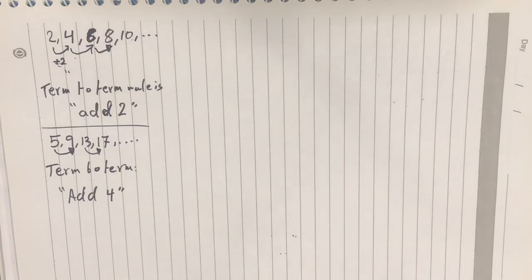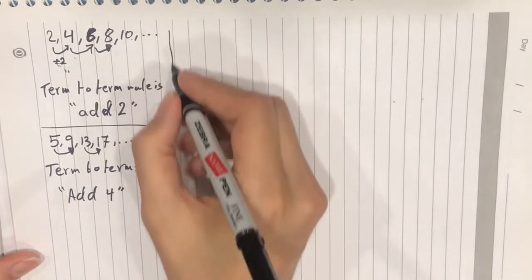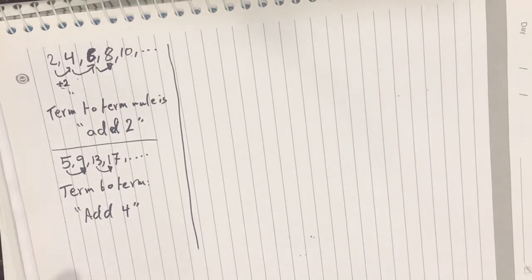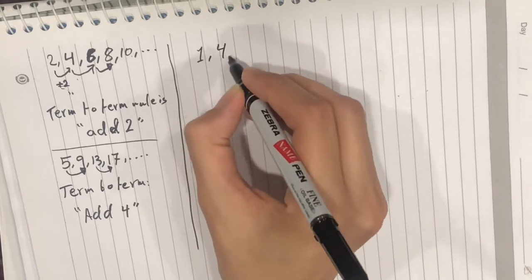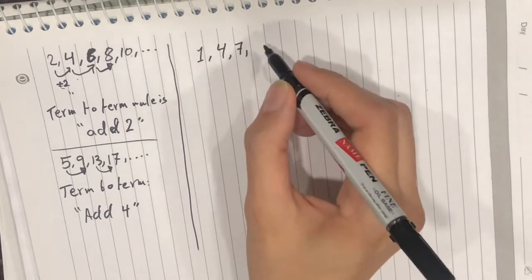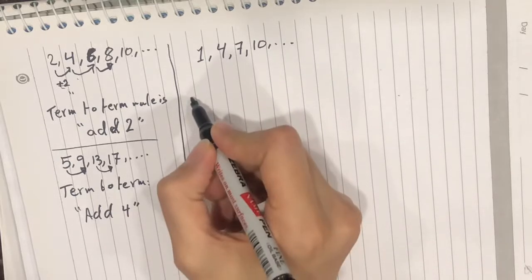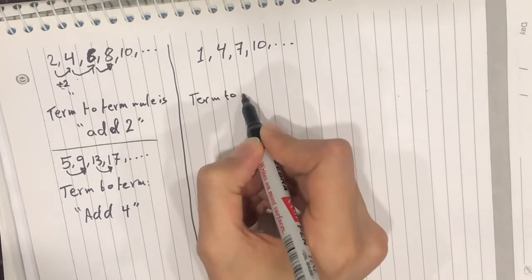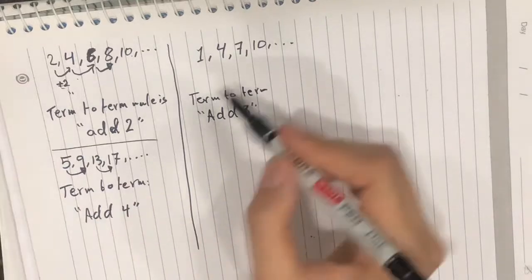Let's give you another sequence, okay? 1, 4, 7, 10, etc. Now, to find the position to term rule, first of all, you have to find the term to term rule, which is add 3, because each time I am adding 3.